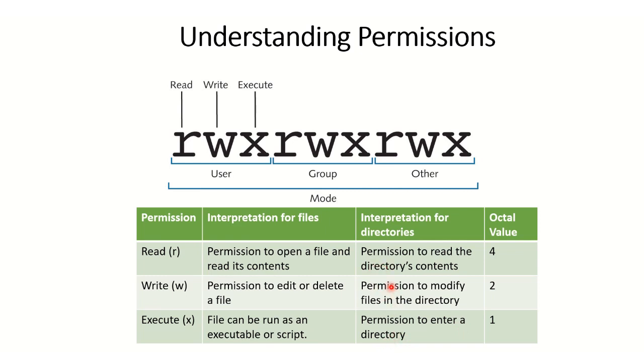We have not discussed yet about the fourth column. The fourth column represents the numeric representation of read, write and execute. For read, Linux assigns a value of 4, for write it is 2 and for execute it is 1, which means if a user has read, write and execute permissions for a file, then the numeric representation of those permissions is 4 plus 2 plus 1 is equal to 7.